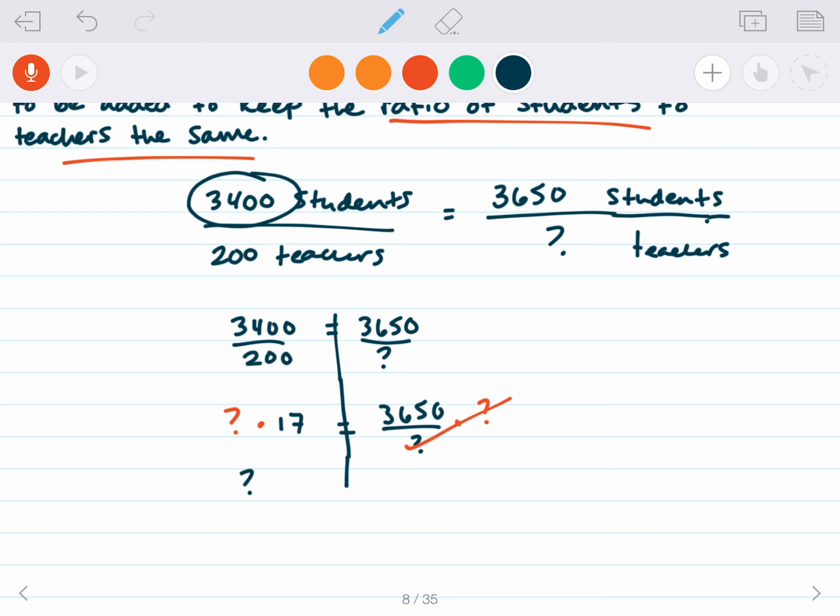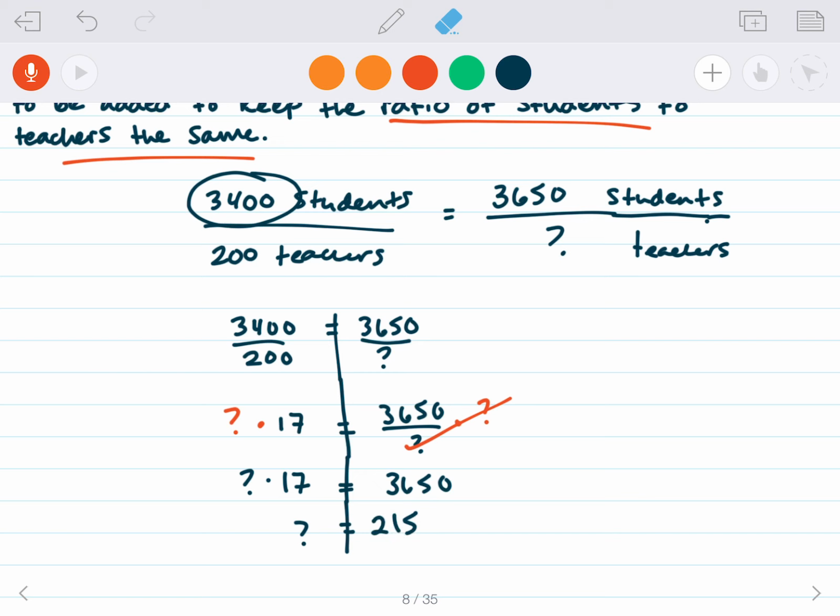So I have question mark times 17 is equal to 3650, and finally I'll divide both sides by 17. So 3650 divided by 17 is 214.7. However, we can't have 7/10 of a teacher, so we're going to round this up to 215.